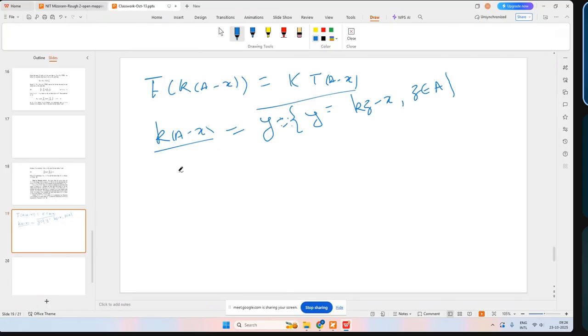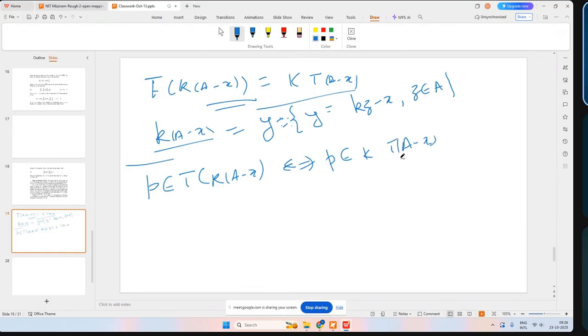So you want to show that these two are the same, right? So take, say, P in T of K times A minus X. You show that this implies that P is in K times T of A minus X. How do you show two sets are equal?